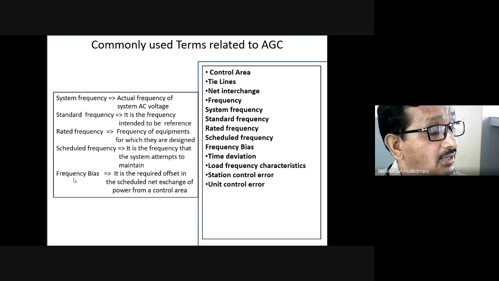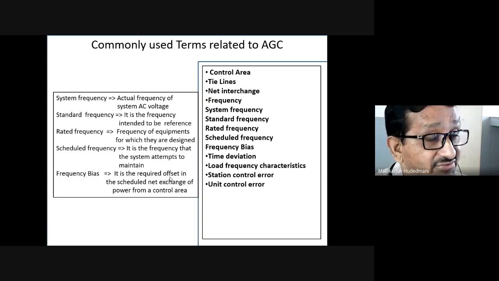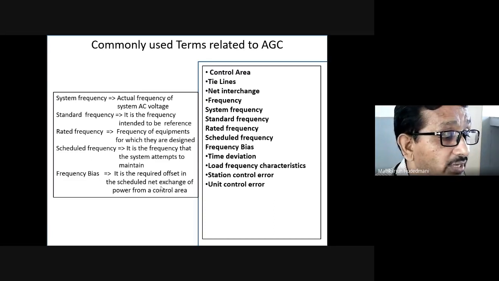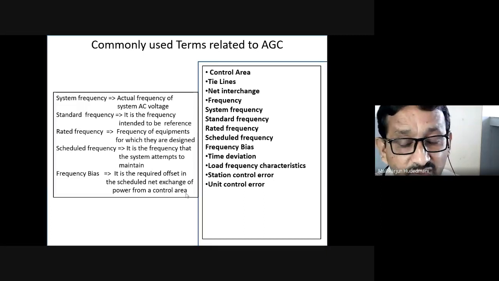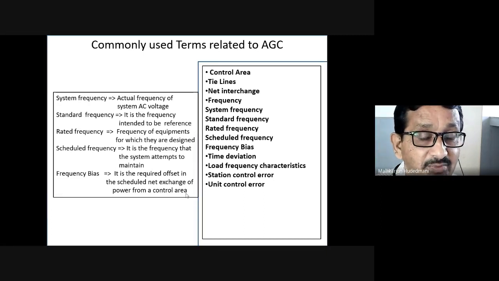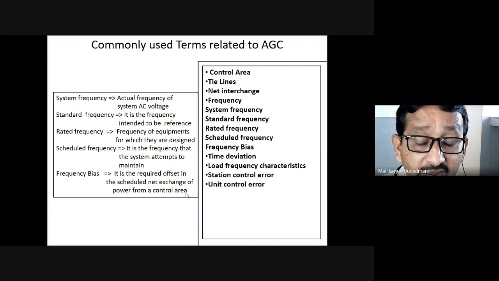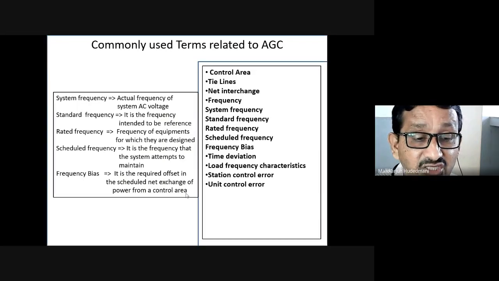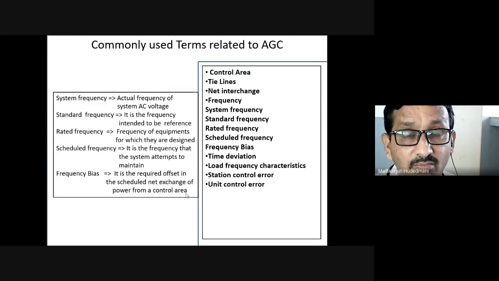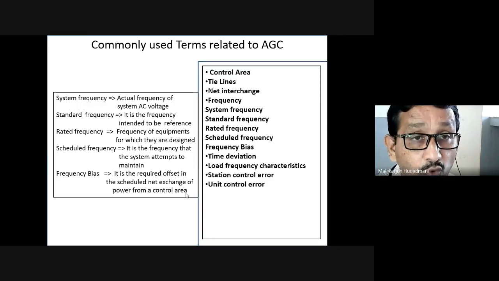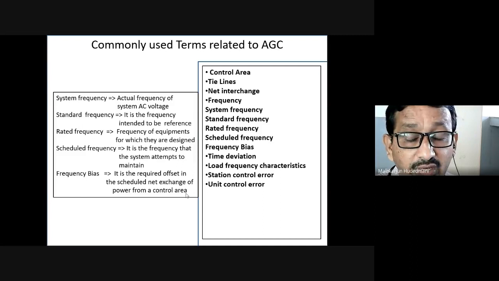Just see the keyword frequency bias. It is a required offset in the scheduled net exchange of power from a control area. Now here comes the concept of why frequency changes occur whenever there is a change in megawatt power. Who will act on this controlling?